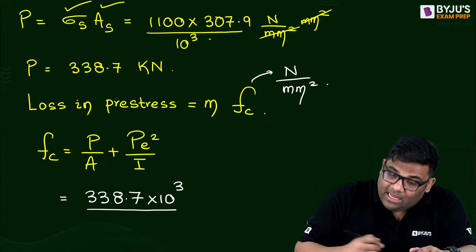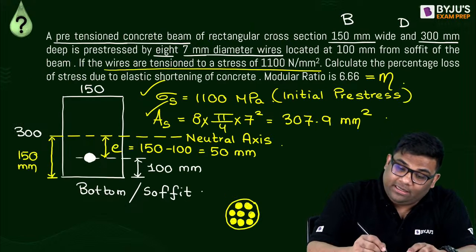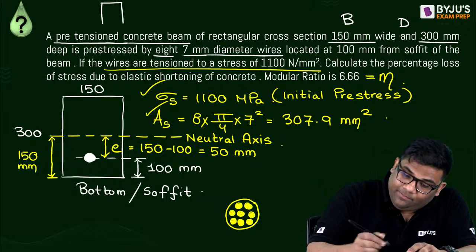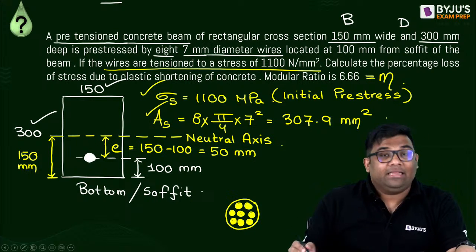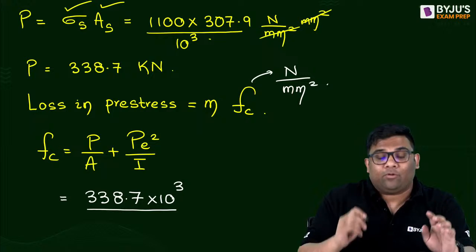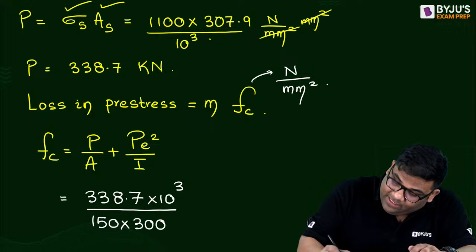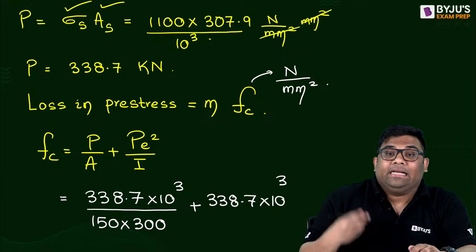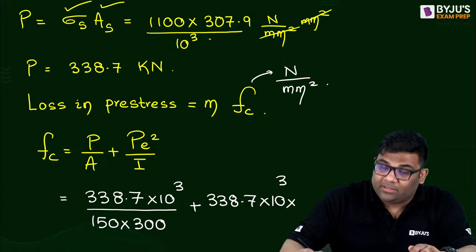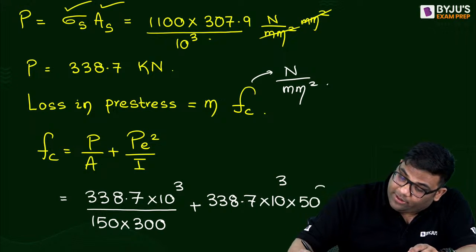Now divide by area. Area of what? Area of concrete here. See the whole beam, right? Area of concrete is 150 into 300. Don't take area of steel here. So 150 into 300, and P is 338.7 into 10 to the power 3. Why? Because I have to convert into Newton. And e is 50 mm, so e squared is 50 squared.